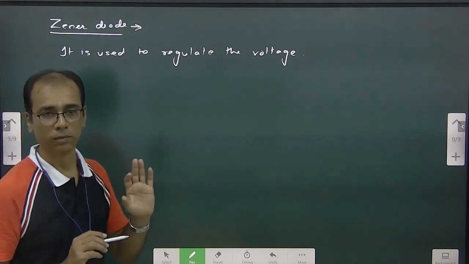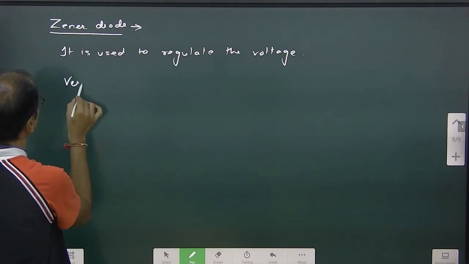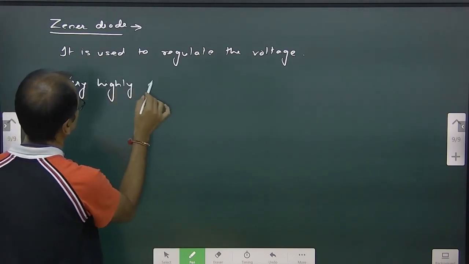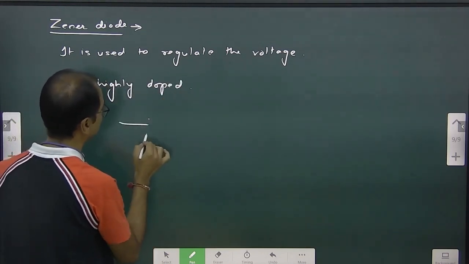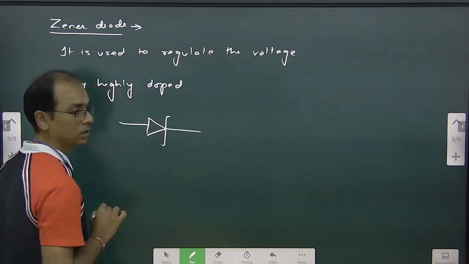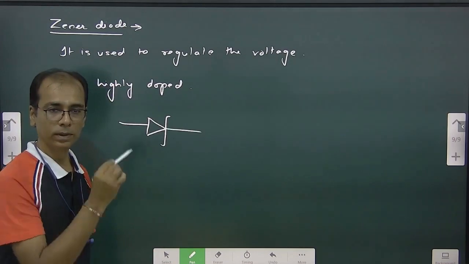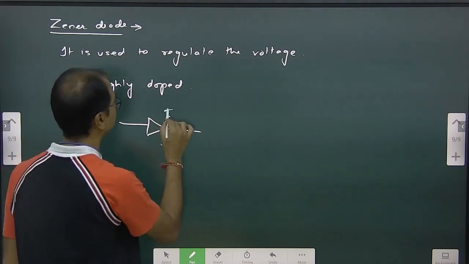It is again very highly doped, very highly doped. Okay, and there is a different symbol for this one. This is for the Zener diode. For a normal PN junction diode, we have a straight line. Now it's a different way. Okay, this is the Zener diode.